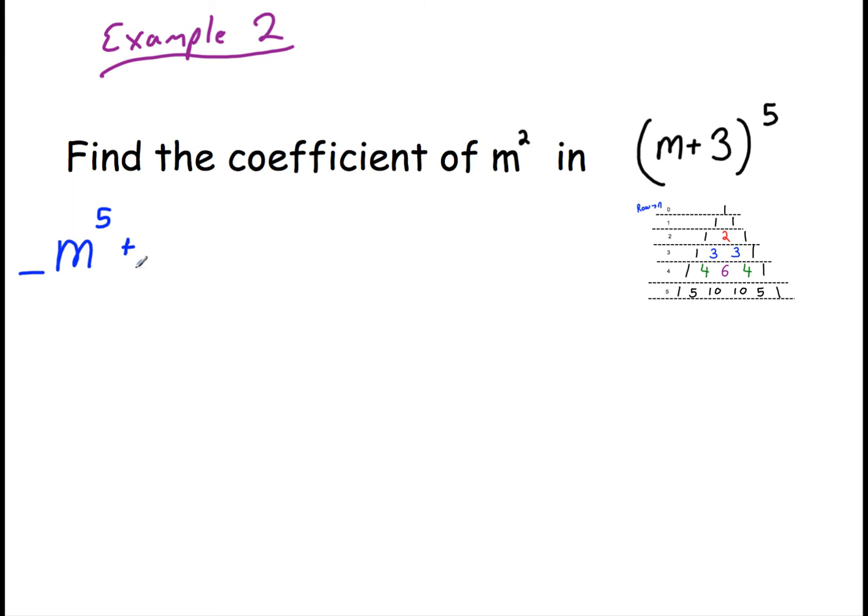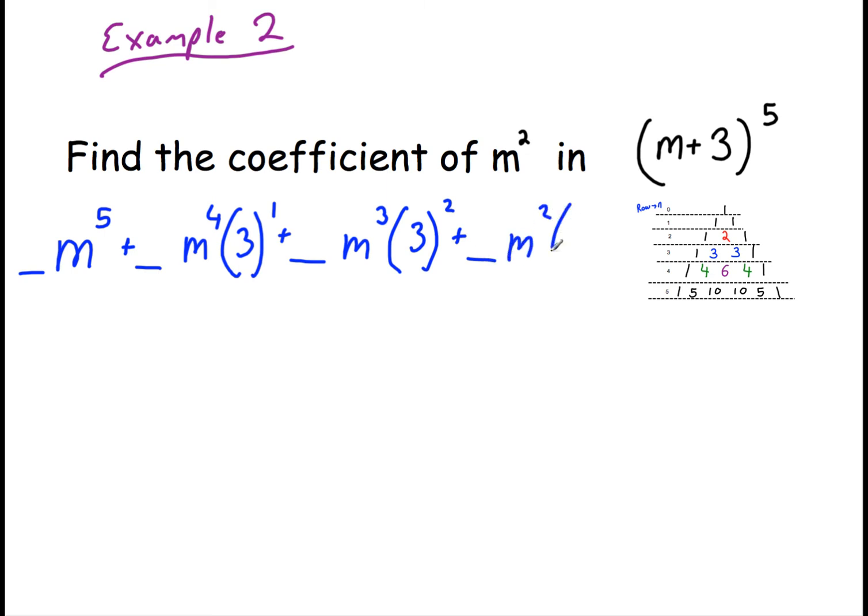Now we have plus m to the 4th, 3 to the 1st power, plus m cubed, 3 squared, plus blank m squared 3 cubed.